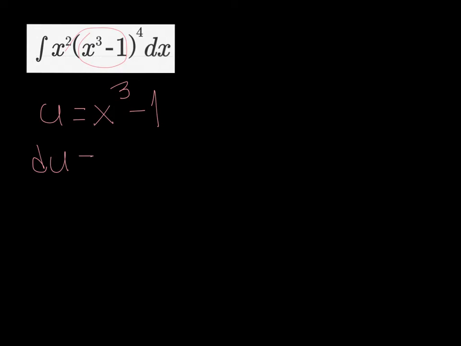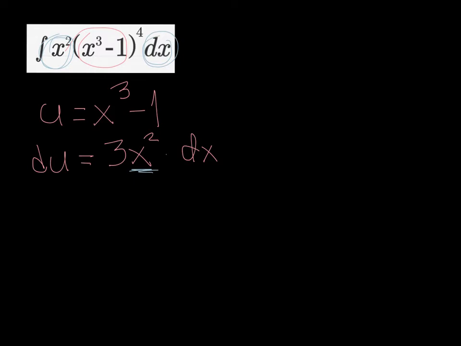And my differential, or the derivative of u, will be 3x squared times dx. So by changing x cubed minus 1 by u, we have to obtain in du the other part of the integrand, that in this case is x squared times dx.